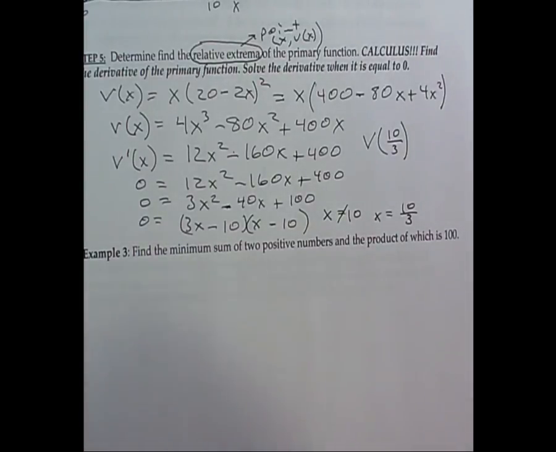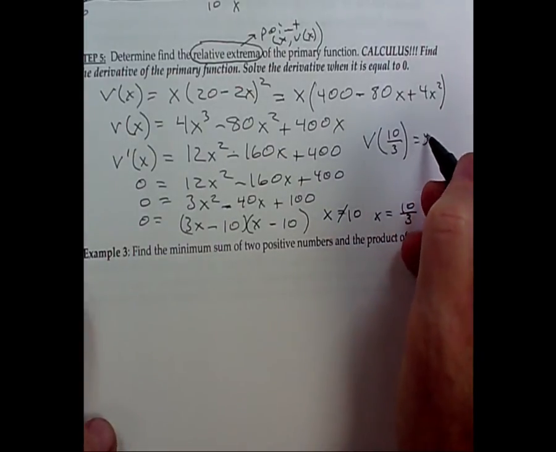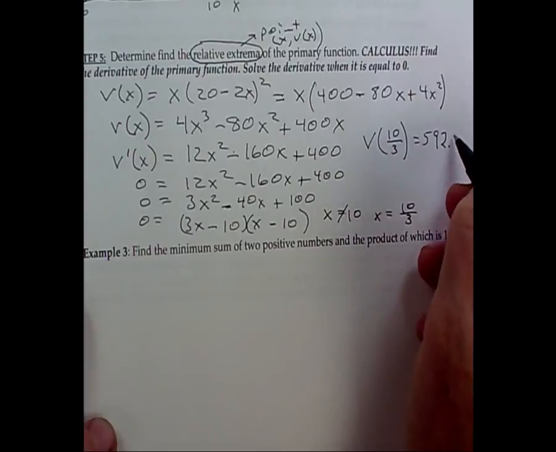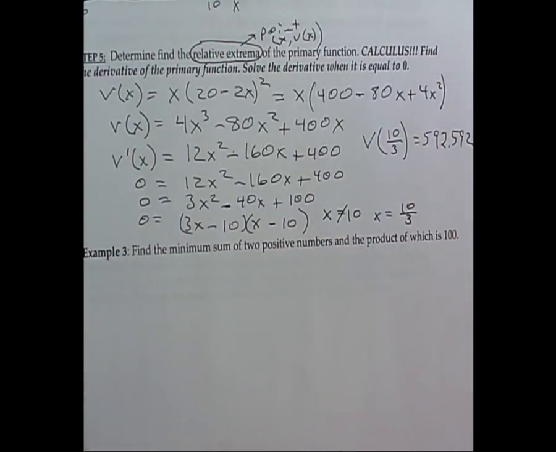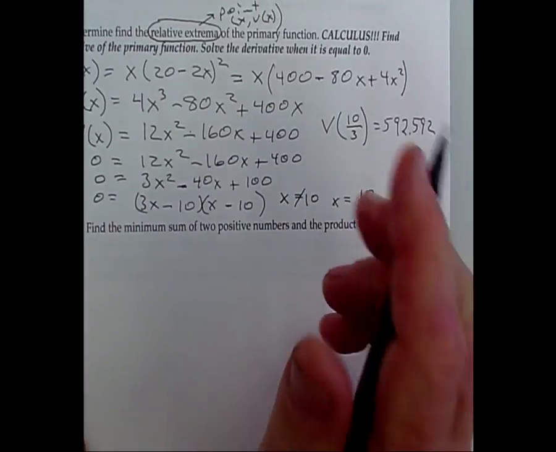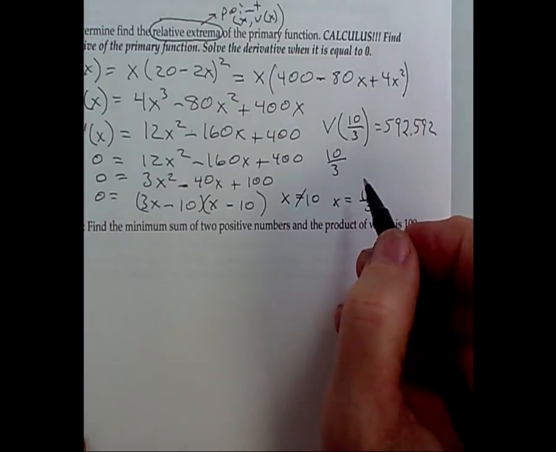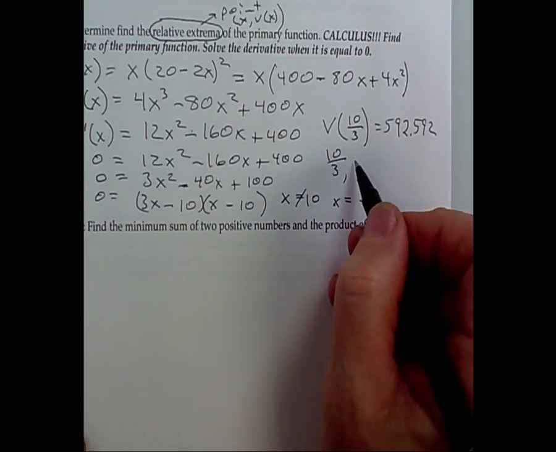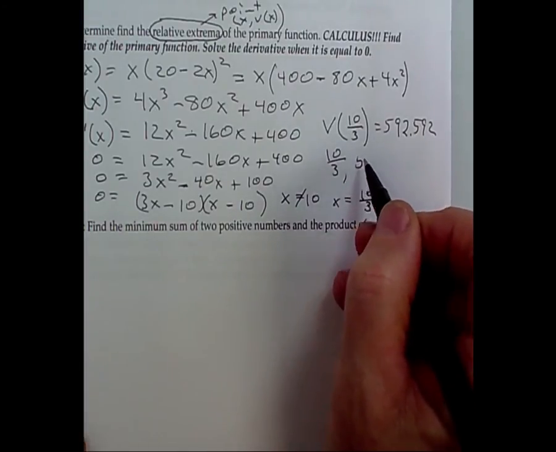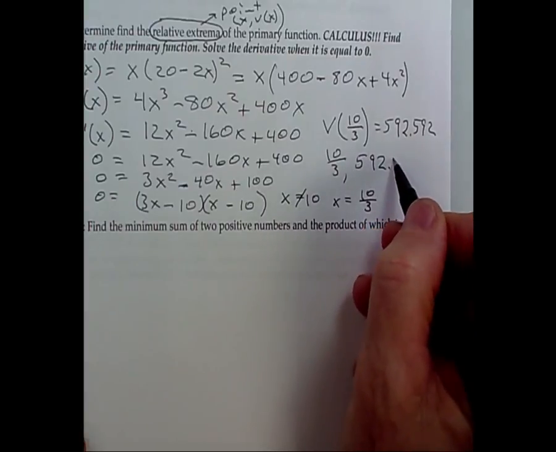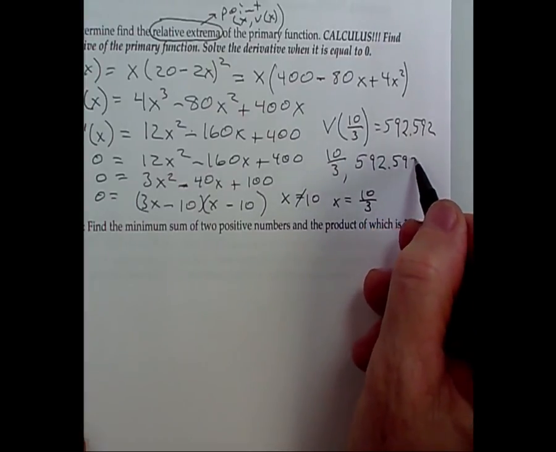I've already done it. I have 592.592. So my maximum volume happens when I cut 3 1/3 inches off, and I'll get a maximum volume of 592.592.